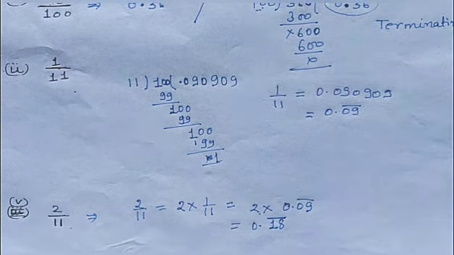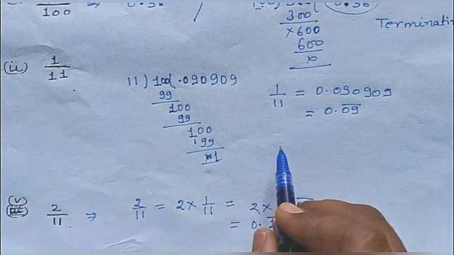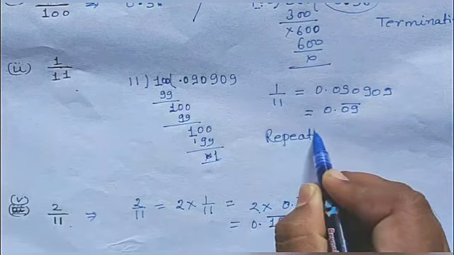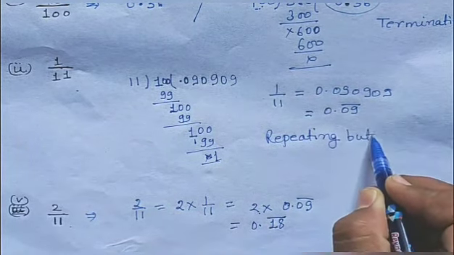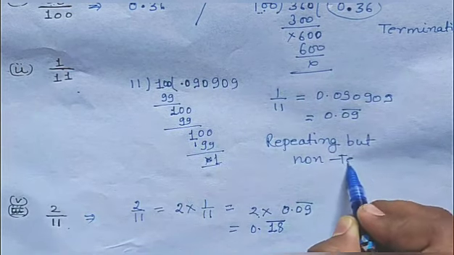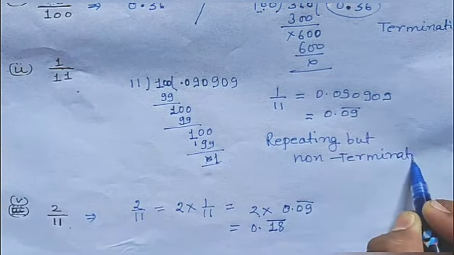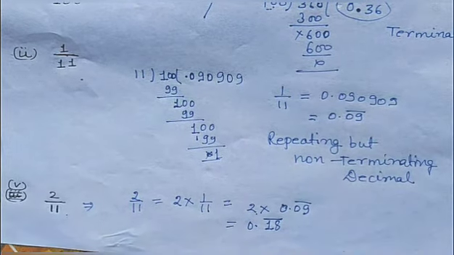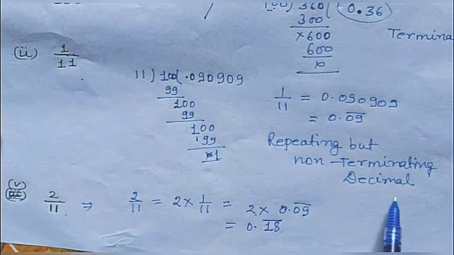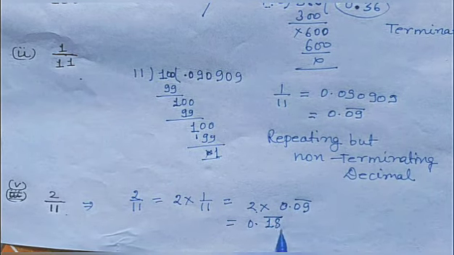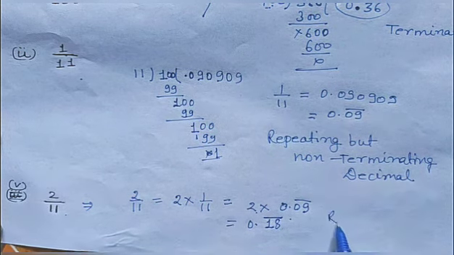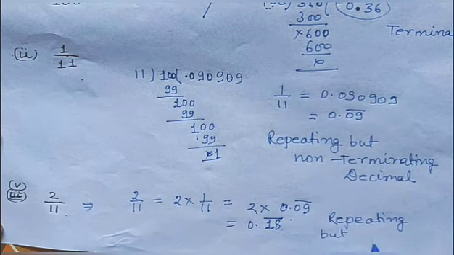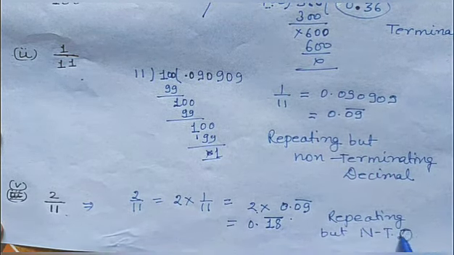So students, you can simply say that it is also a repeating but non-terminating decimal, because it is 0.18 bar, so it is also repeating but non-terminating decimal.